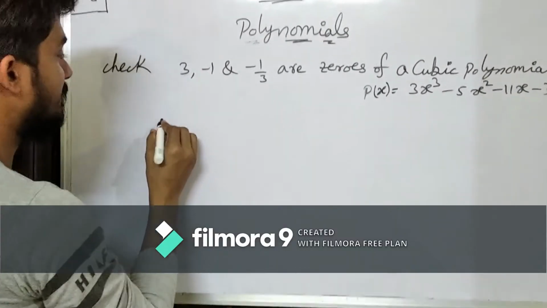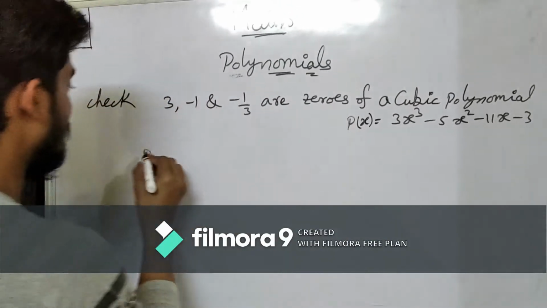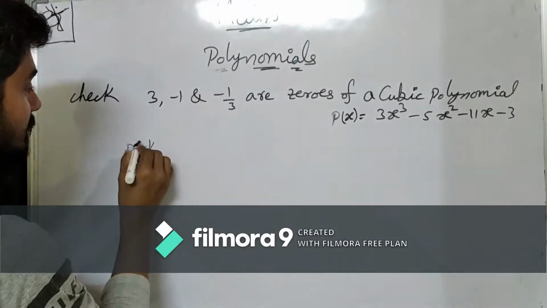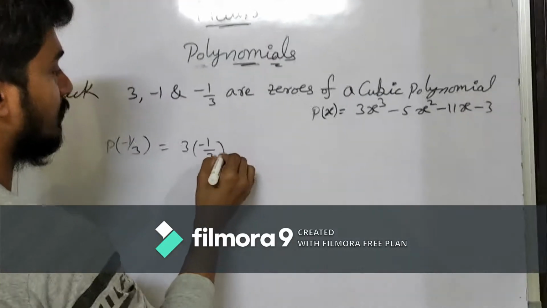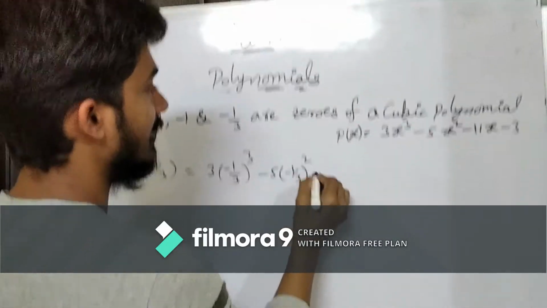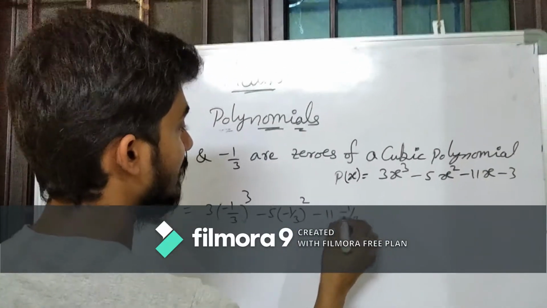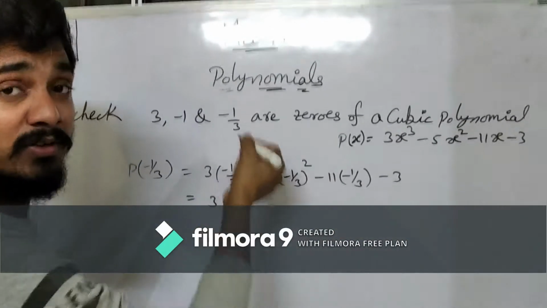Next one is P of minus 1 by 3, equals 3 into (minus 1 by 3) whole cube minus 5 into (minus 1 by 3) whole square minus 11 into minus 1 by 3 minus 3. 3 into (minus 1 by 3) whole cube.